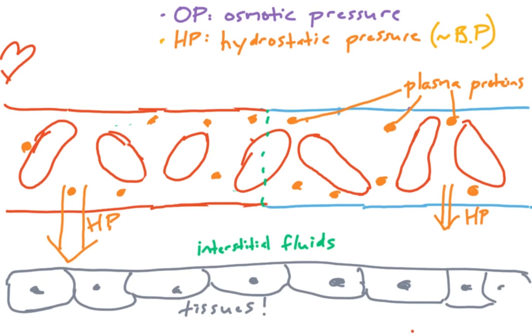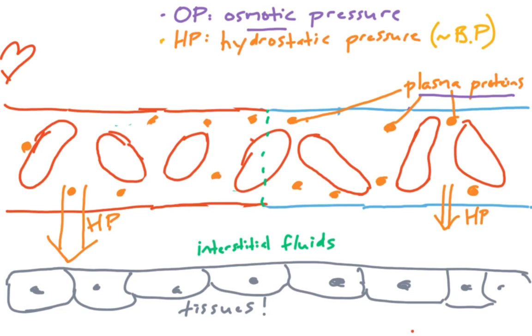Now, what doesn't change are what we are going to call, again, these osmotic pressures. And the plasma proteins are the source of these pressures. And so if you think about osmosis, right, that is water moving across a membrane to create equilibrium.